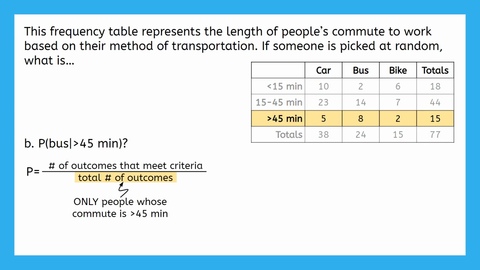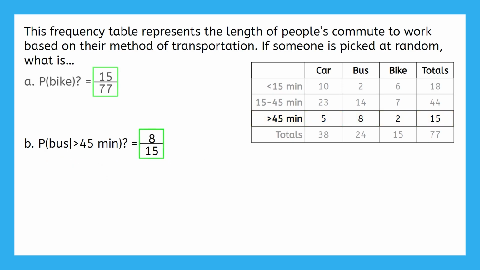How many total people have a commute longer than 45 minutes? The total for the more than 45 minutes row is 15 people, so that's our denominator. Of those 15 people, how many commute by bus? That would be just these 8 people in the bus column. So our probability is 8 over 15.